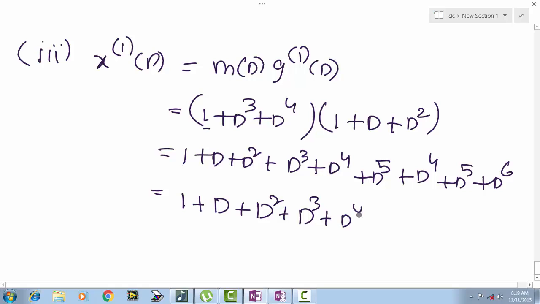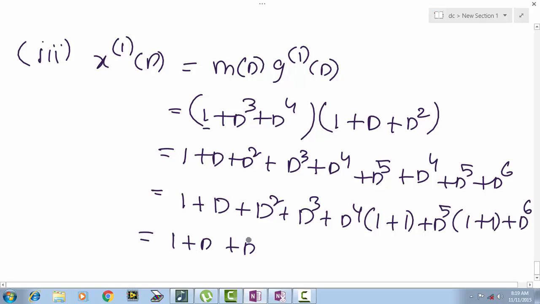Next, d power 4: we are having 2 here and here, that is 1 plus 1. Next, d power 5: we are having 2, d power 5, 1 plus 1, and d power 6 we are having only 1. So it is equal to 1 plus d square plus d cube plus... So remember we are doing modulo 2 addition here.